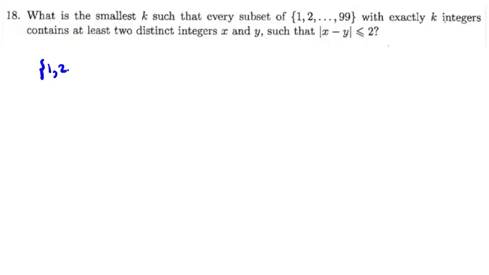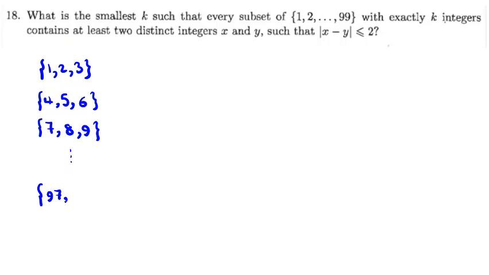So we consider 1, 2, 3 and do grouping, 4, 5, 6, 7, 8, 9. And the last group is 97, 98, 99. Now, the first group is here, second, third group, and look, 99 over 3 is 33. So the 33rd group is this.